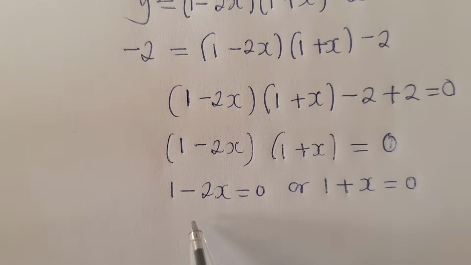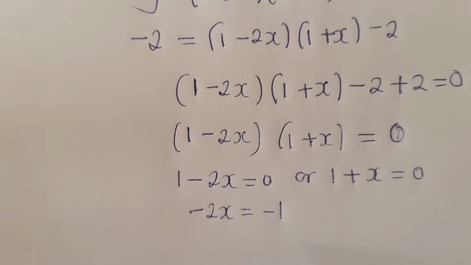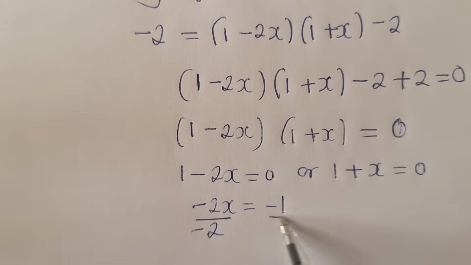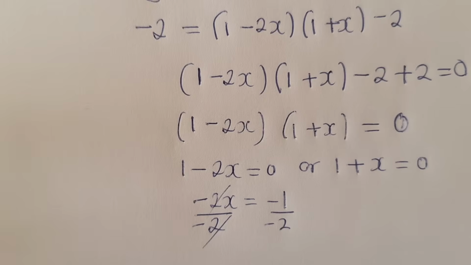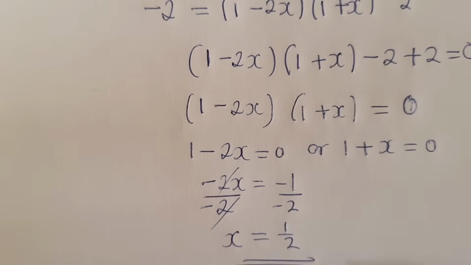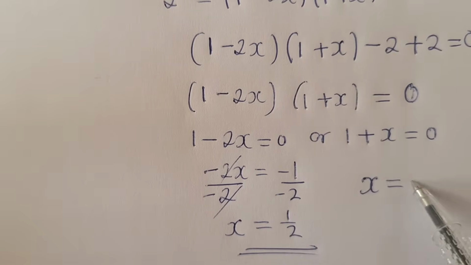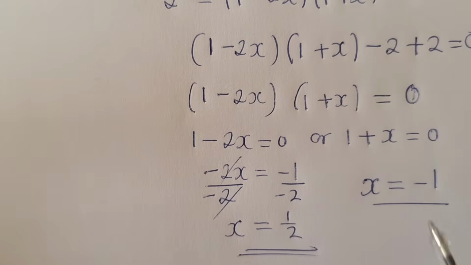From here, you can say minus 2x is equal to minus 1. You divide by minus 2 by minus 2. This and this will go. We shall remain with x is equal to 1 over 2. So the value of x is equal to 1 over 2, while x here will just be equal to negative 1. This one comes this side.